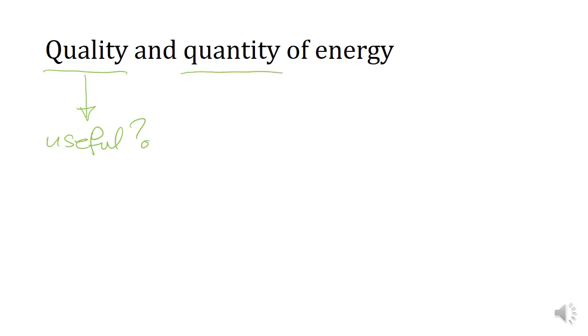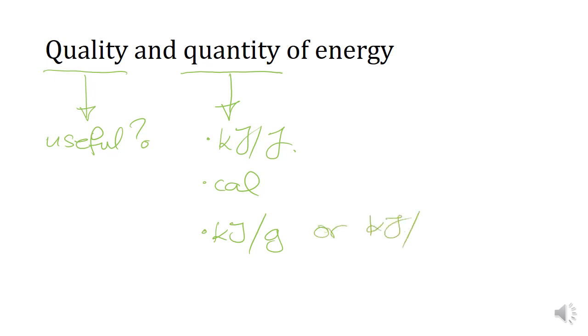When we talk about quantities of energy, we can talk about them in terms of kilojoules or joules. We can also talk about them in calories if we're talking about food. And quantities we generally express using some formulae on the next slide as kilojoules per gram or kilojoules per cm3.